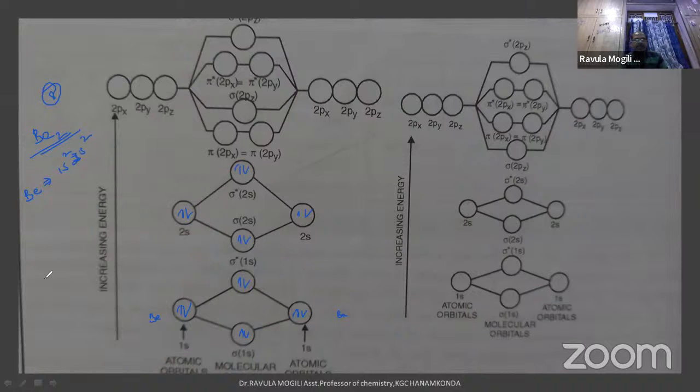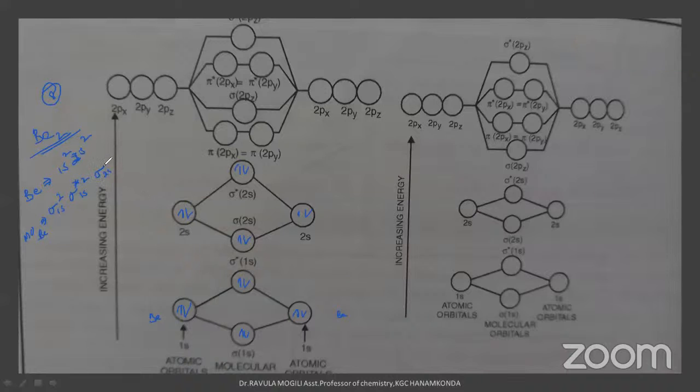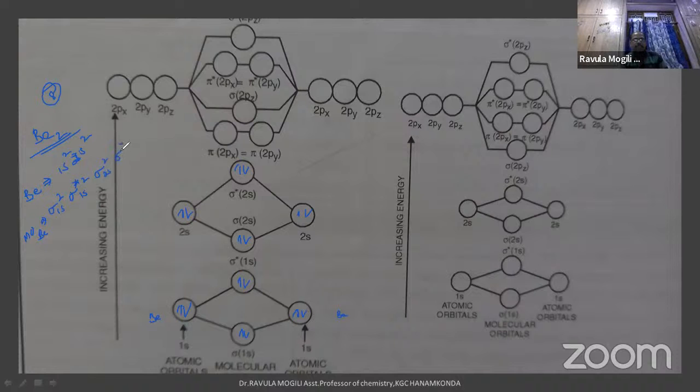We can write the molecular orbital energy configuration, the MO of beryllium. So what do we write here? Sigma 1s2, sigma star 1s2, sigma 2s2, sigma star 2s2.